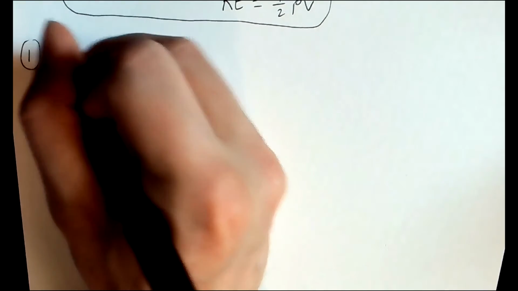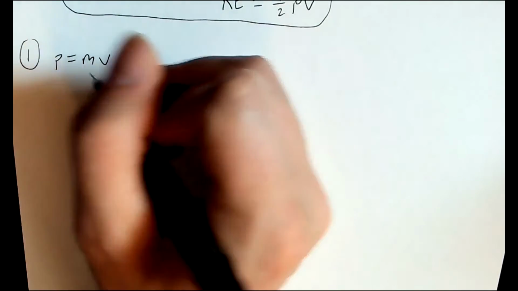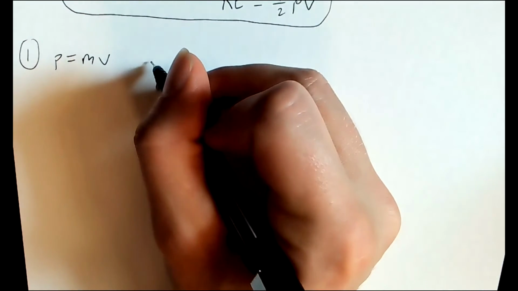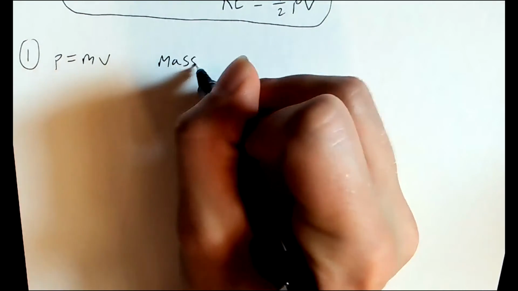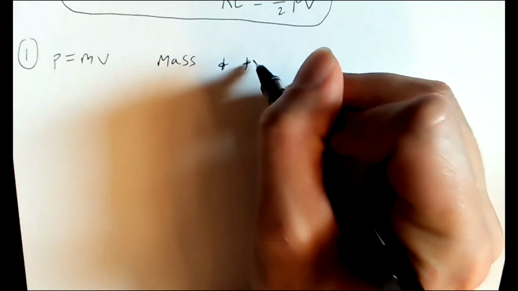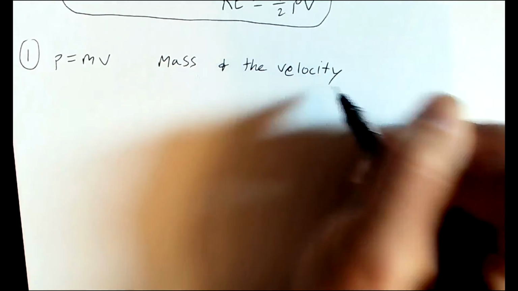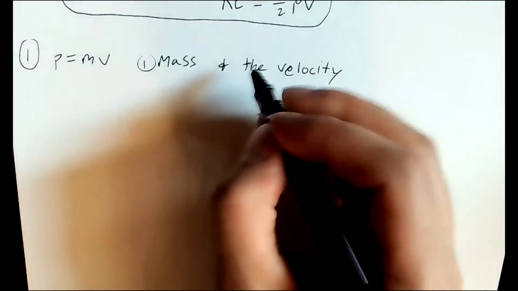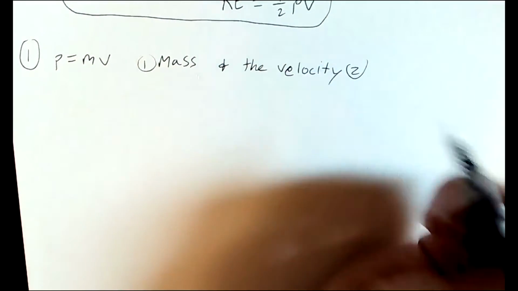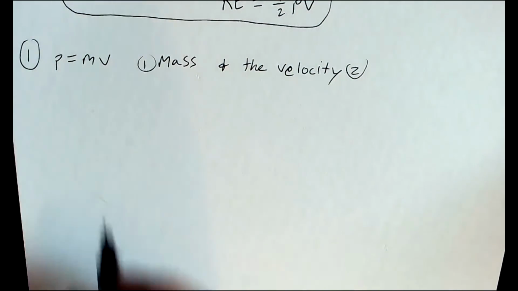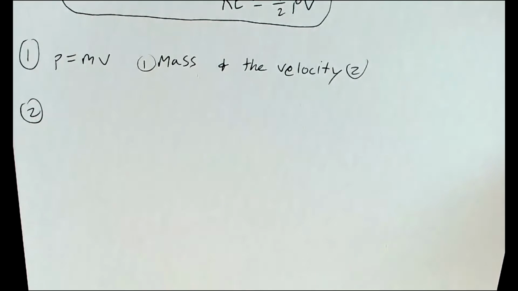Well, if P equals m times v, that means it depends on the mass and the velocity. Right, easy peasy.